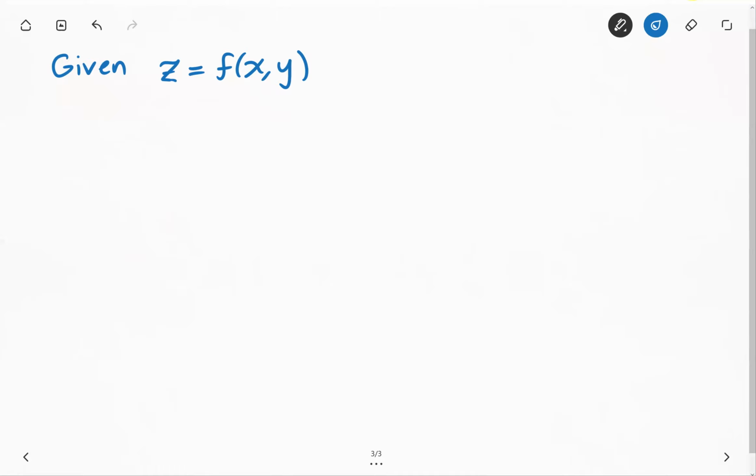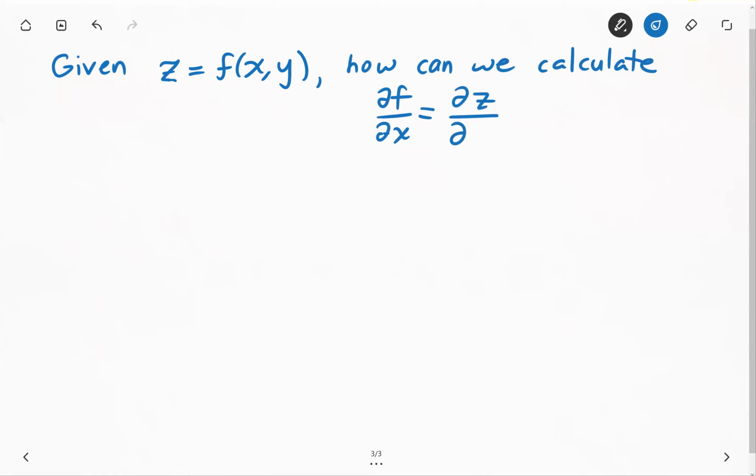And so given that z is a function of x and y, how can we calculate, practically speaking, something like df dx? I say d, even though I'm using this curly d, which equivalently I might write as dz dx. And how do we calculate the derivative df dy, which we might also write as dz dy?